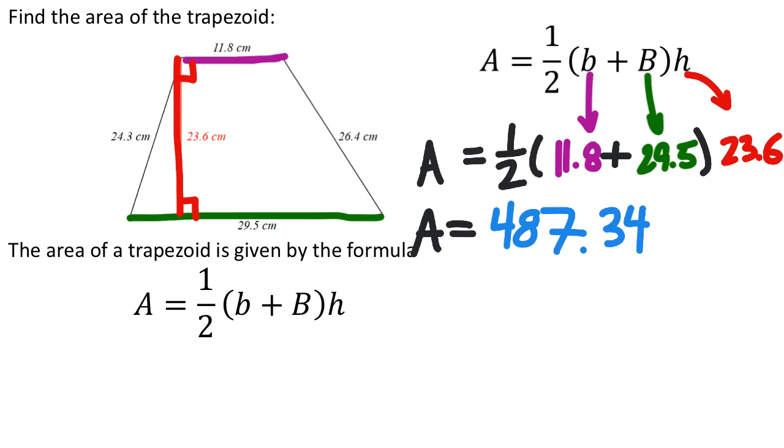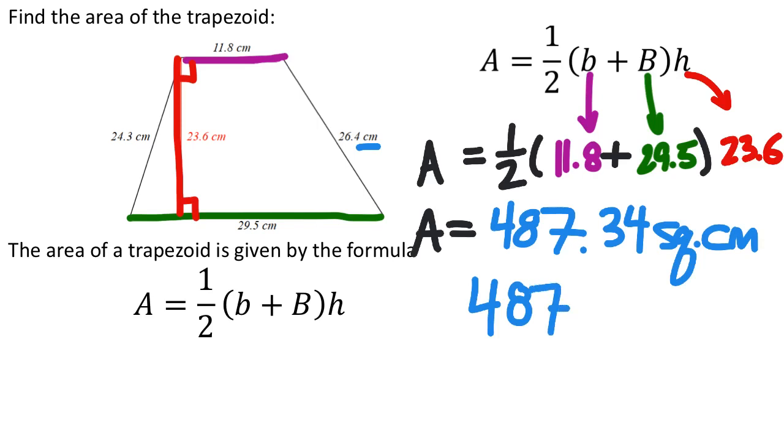Again, on the homework, it may be labeled for you, but on a written test or a written quiz, you would need to label it for yourself. 487.34, we see it's in centimeters at least, so we know we're going to have centimeters, but it's area, so it's square centimeters, okay? And yeah, remember there's that second way that we can write area, or labels for area. In this case, it's centimeters squared. So either one of these would work.